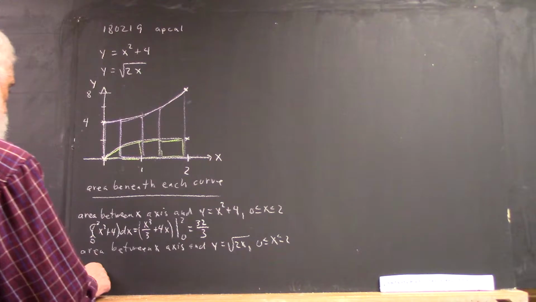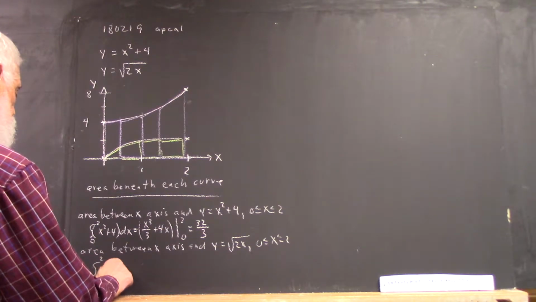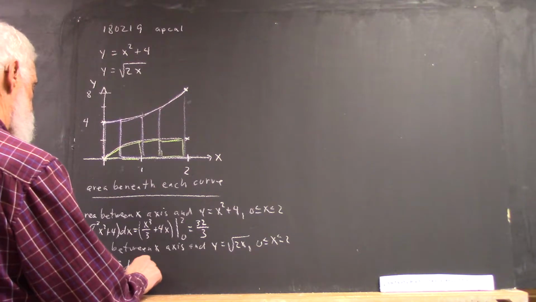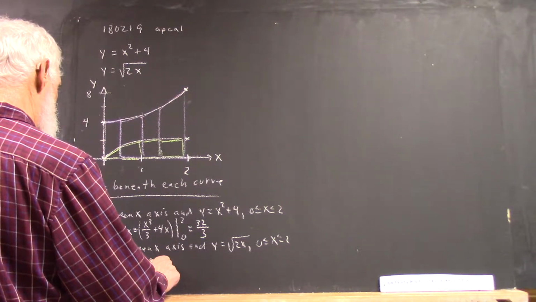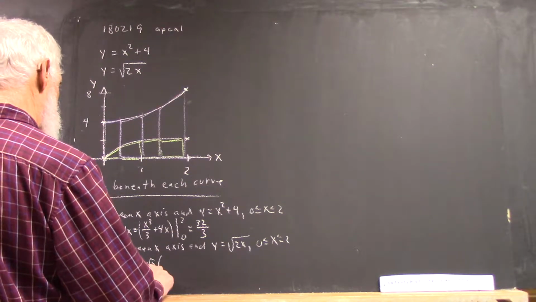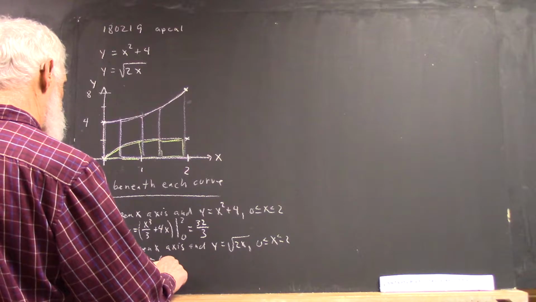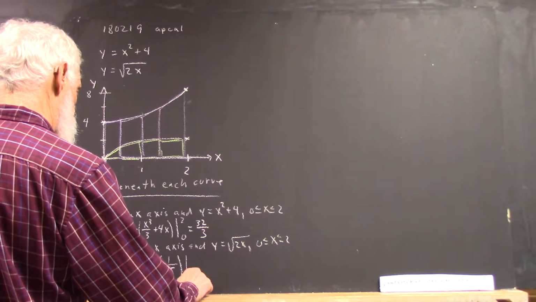And then this integral, 0 to 2, the square root of 2x dx is square root of 2 times, I'll do it this way, square root of 2 over 2 times 1 over the square root of x. Hopefully I wrote that down correctly.